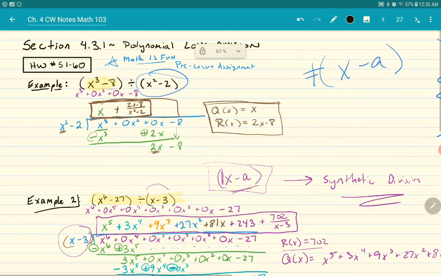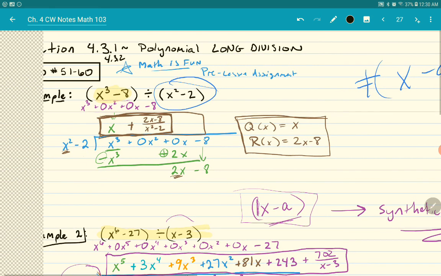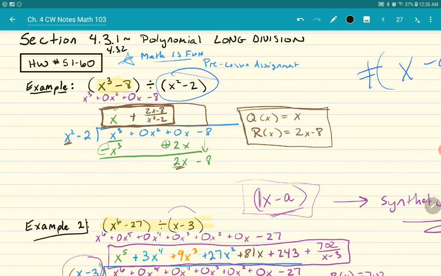So this covered 4.31 and 4.32. So it actually covers 51 through 60 as well. Homework 51 through 60, you have to choose if you're going to use long division or synthetic division. So example 2 and 3 is a good example for that.